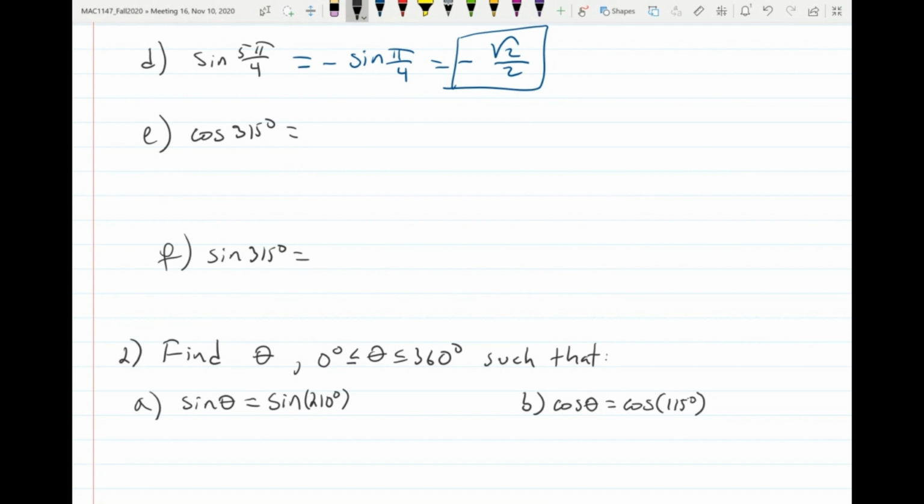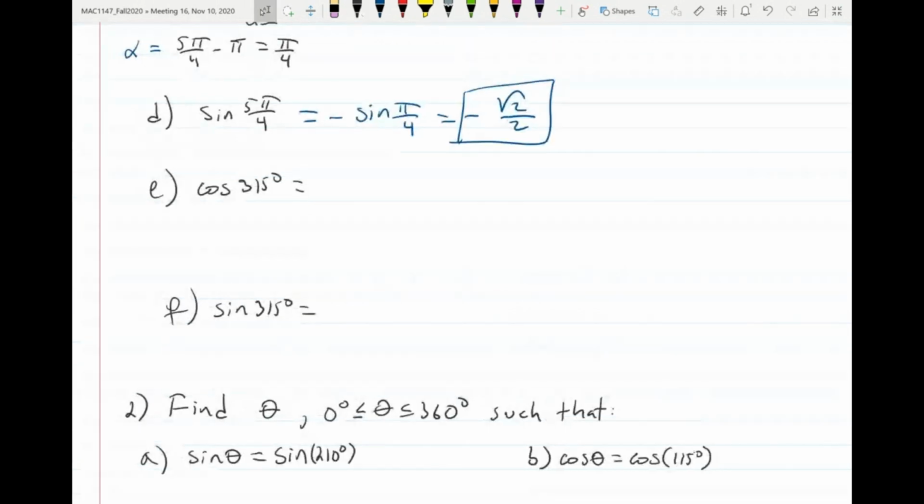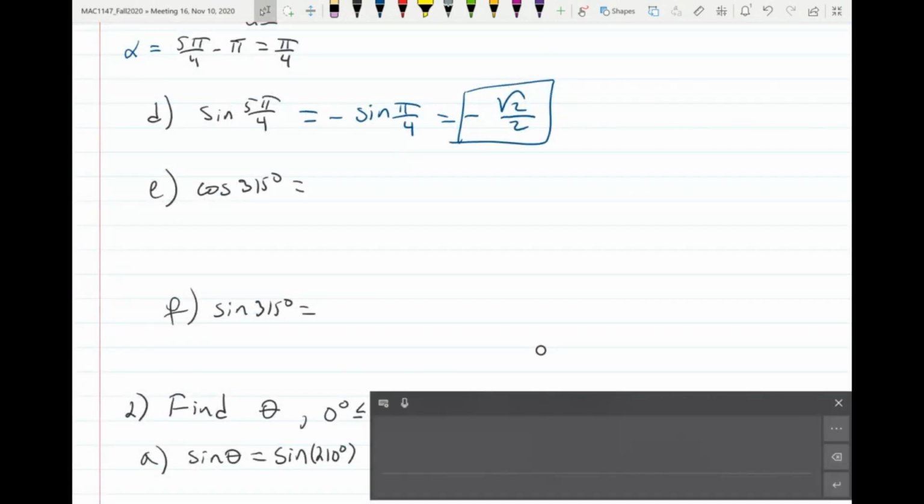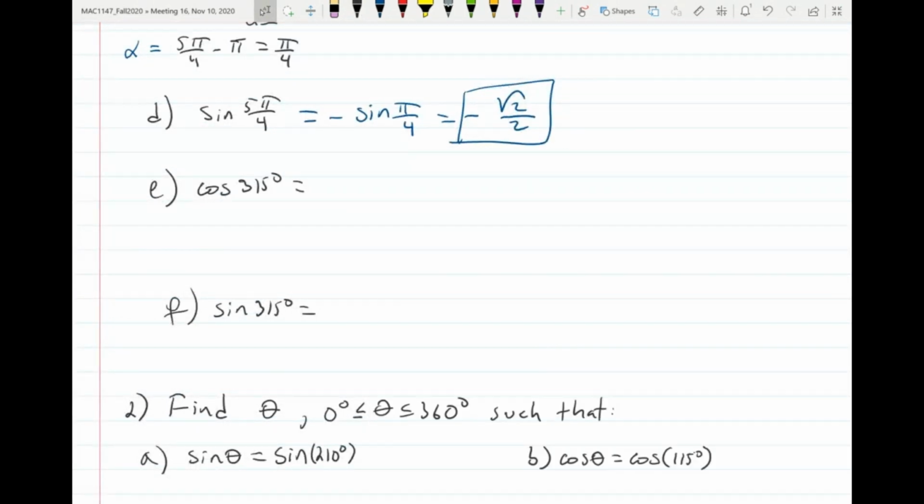Okay, let's see. Anybody has an answer for E? What do we get for E? What quadrant is the angle? So we are in quadrant 4. So we need to look for the reference angle. What's the reference angle?